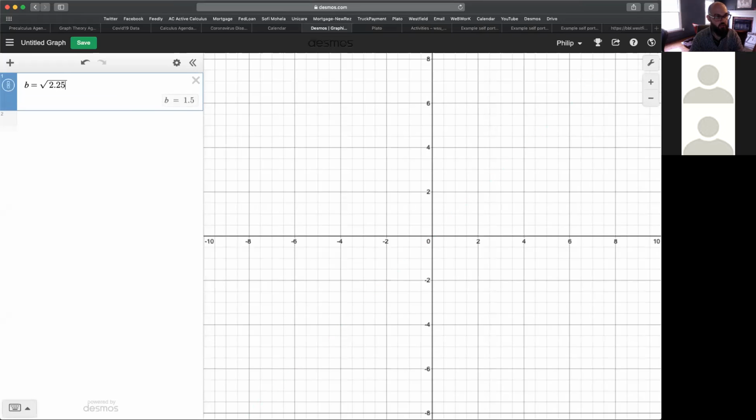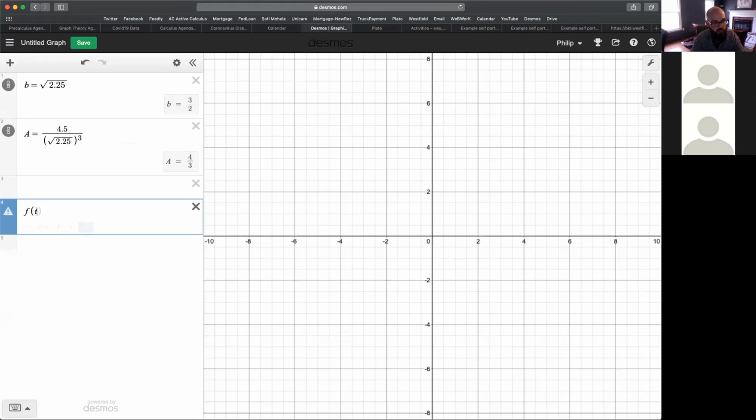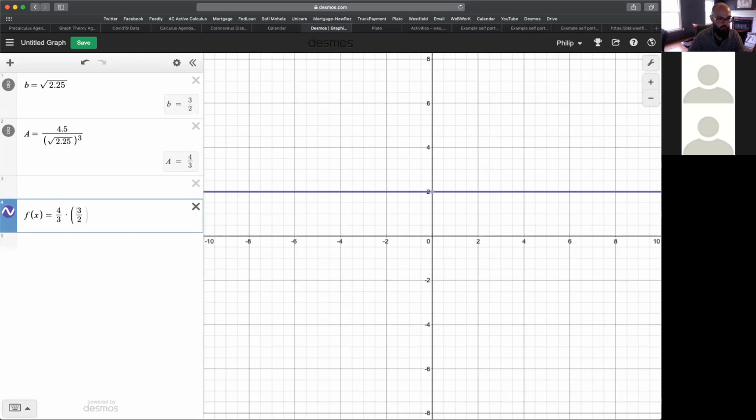So we had b is the square root of 2.25, and a was 4.5 divided by the square root of 2.25, cubed. If we wanted to, we could view them in Desmos as fractions. So it turns out that a is 4/3 and b is 3/2. So my equation f of x is equal to 4/3 times 3/2 to the x.